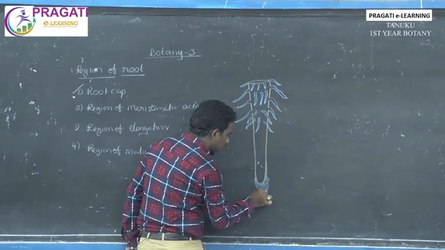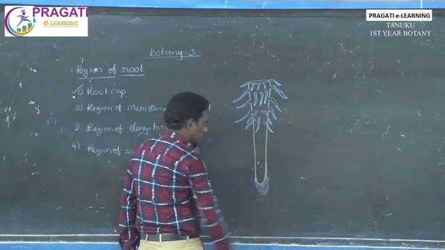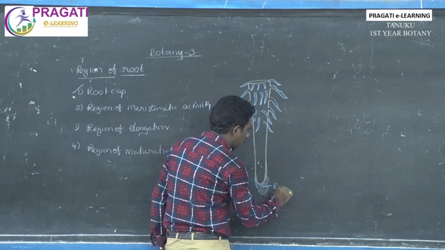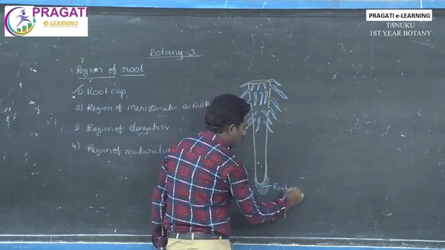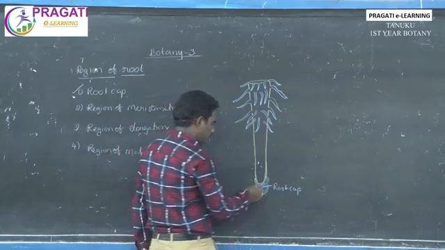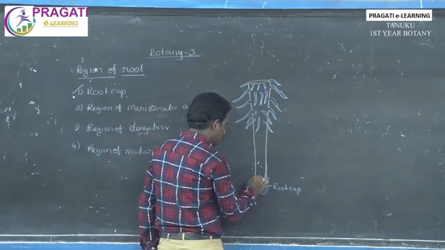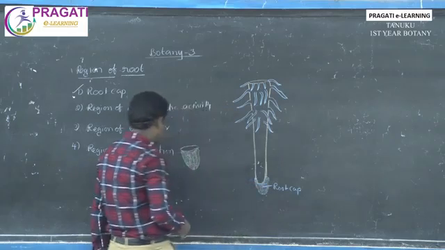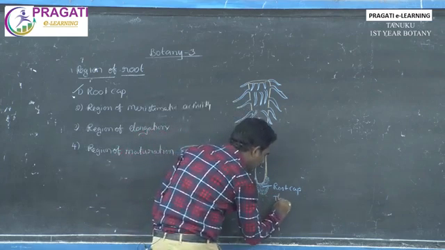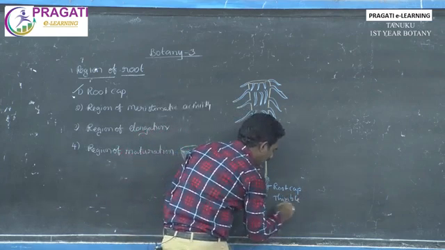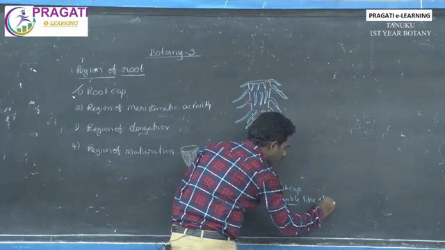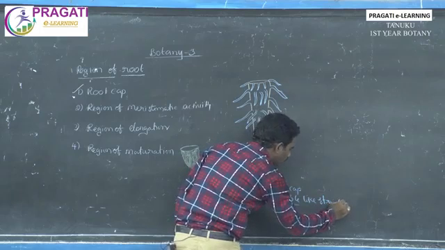This is the root cap. The root cap is present at the tip of the root. It is a thimble-like structure.